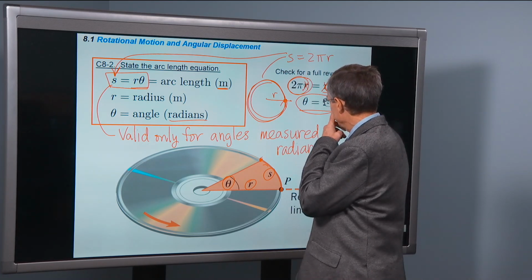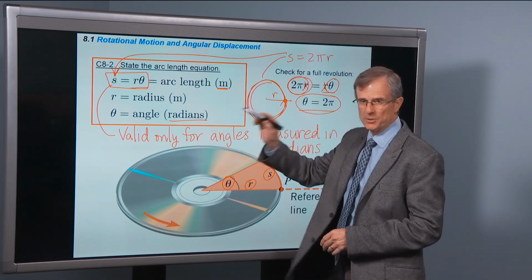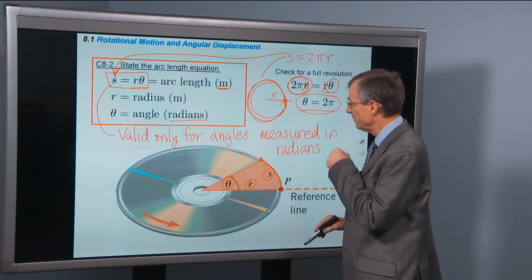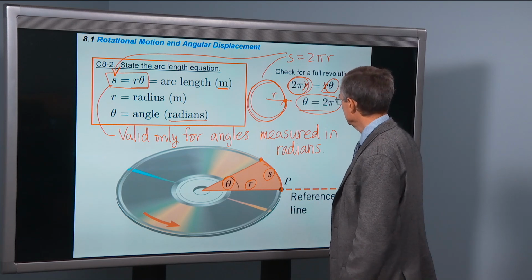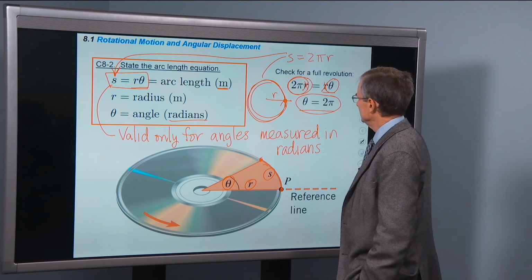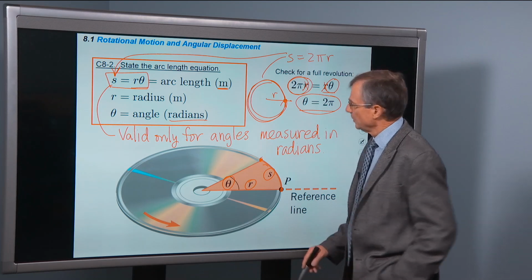Big deal. But this confirms that this equation only works for angles measured in radians.